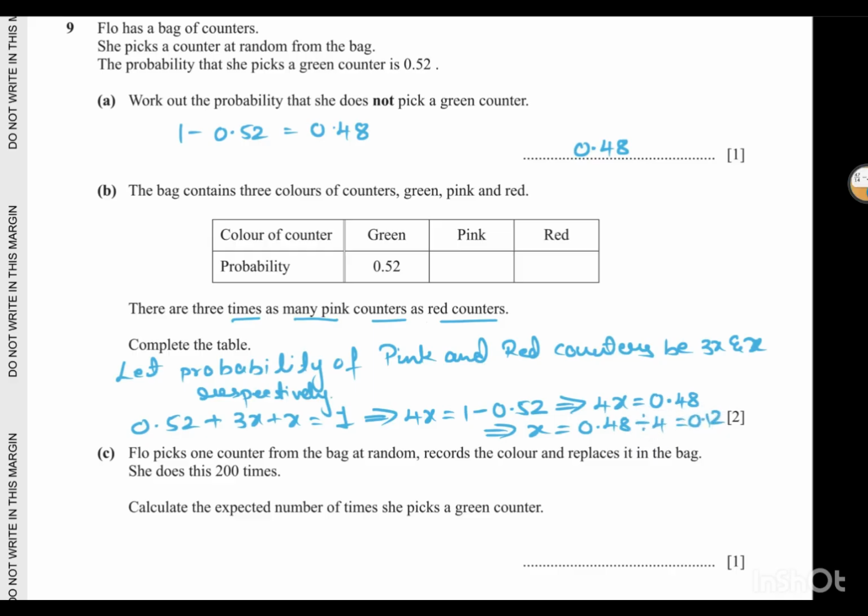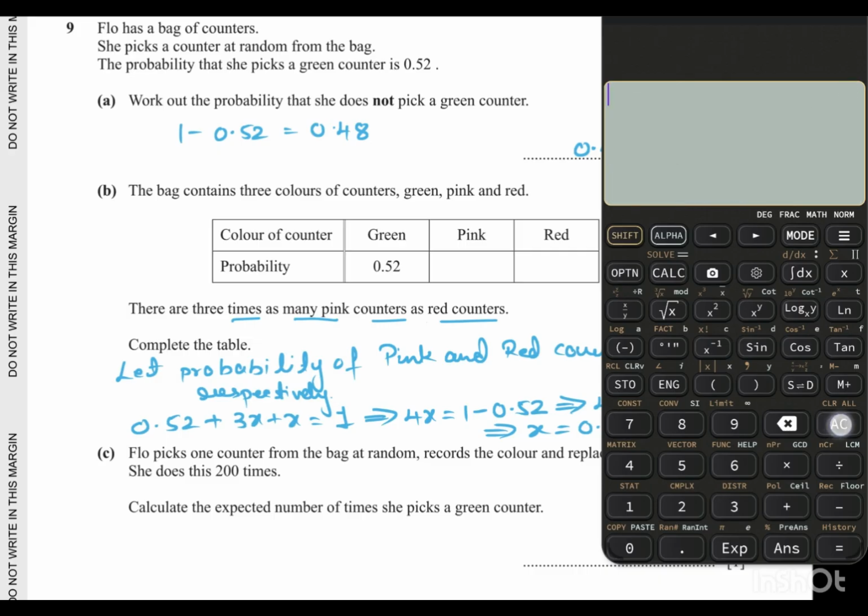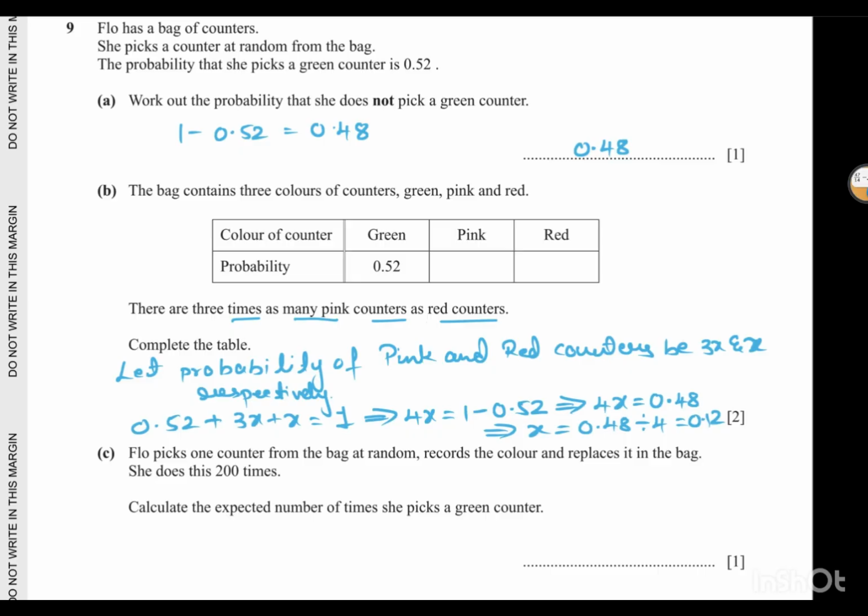So now we got the value of x. Let me show you on the calculator. 0.48 divided by 4 is 0.12. Now 3x is 3 into 0.12, which is 0.36. So for pink it is 0.36, and for red it is 0.12, because this was 3x and this was x. Question number B is done.